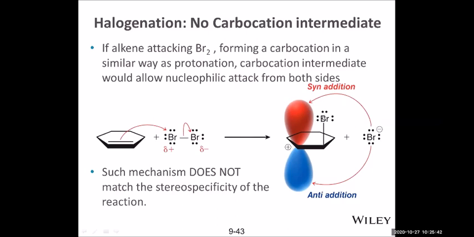The problem with the carbocation is that the carbocation intermediate cannot explain the anti-product. If the intermediate were a carbocation, then the bromide nucleophile should attack from both sides, and you would get both the syn and anti products. But the reality is we only see the anti.